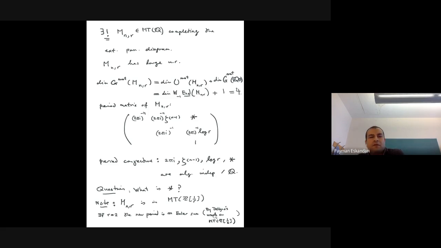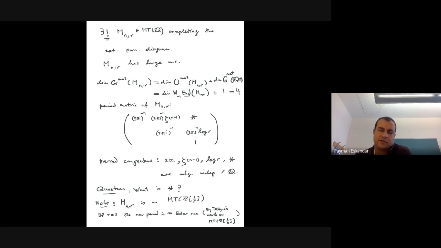It follows from that work that when R is 2 or 3, this new period here, this star, I'm calling it a new period, should be a cyclotomic multiple zeta value, and it can be computed.